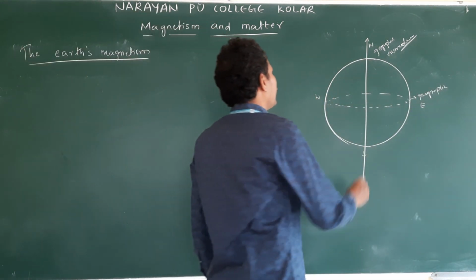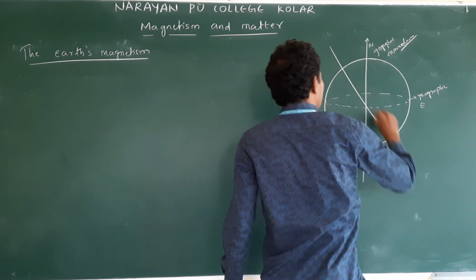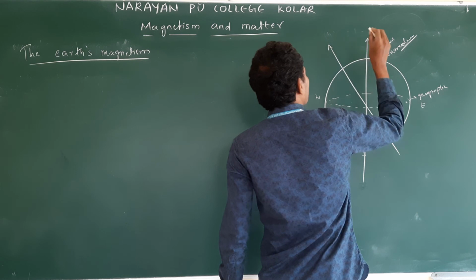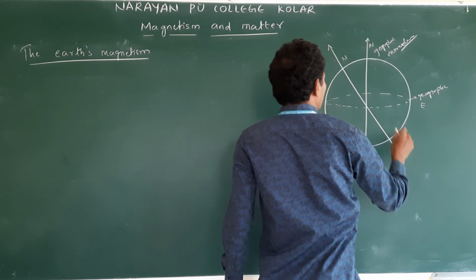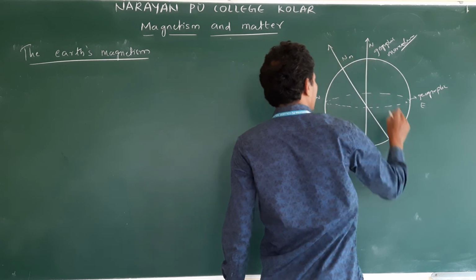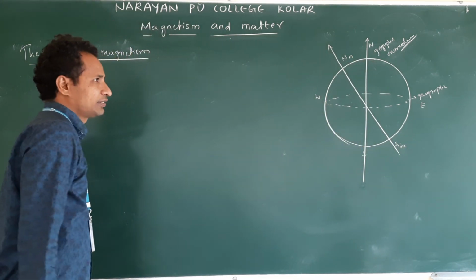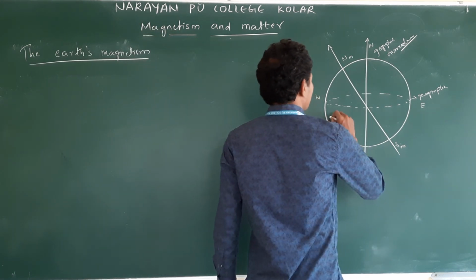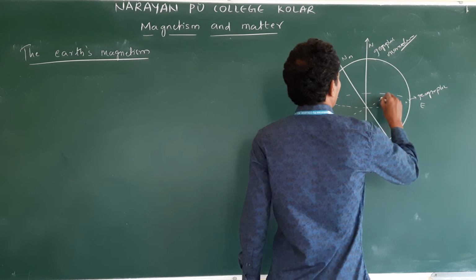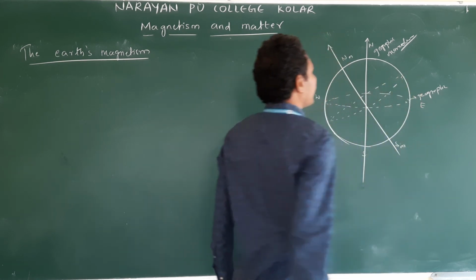Now we have another one. This is called the magnetic meridian, and this is the magnetic equator.